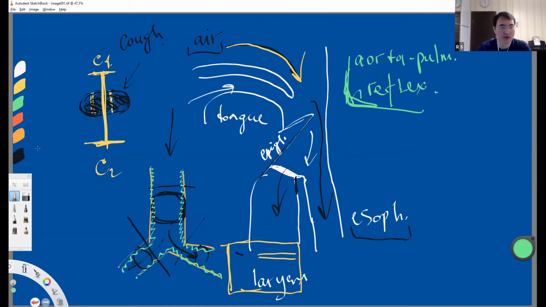So we have our heart, and somewhere here we have this pacemaker. This reflex sends the signal to stop. And at that moment, we have a situation very close to a heart attack, because we cannot pump the blood, right? So it's quite dangerous.